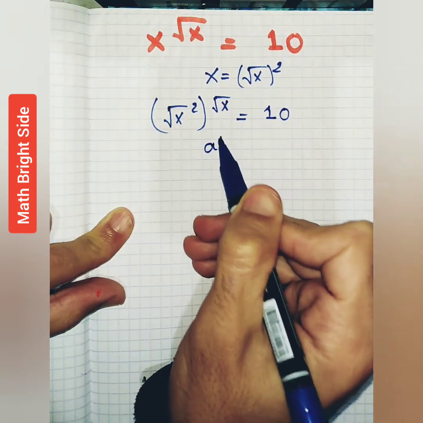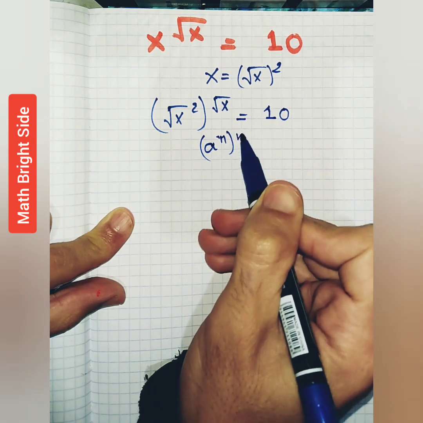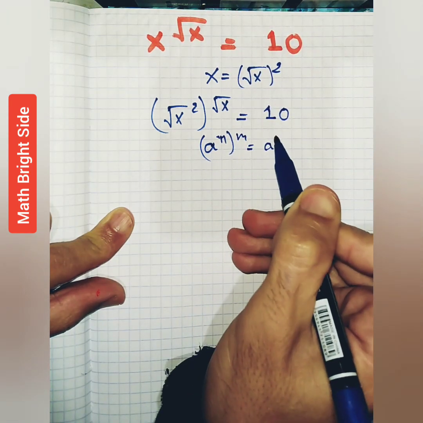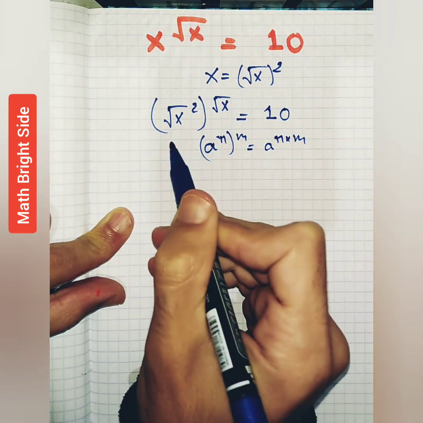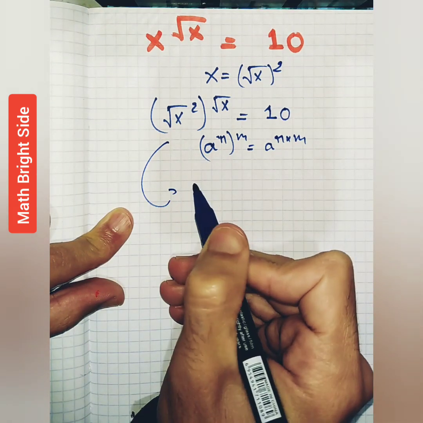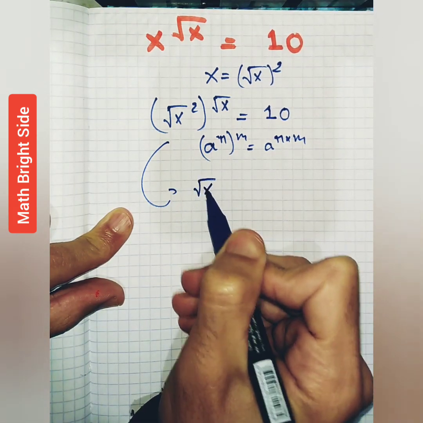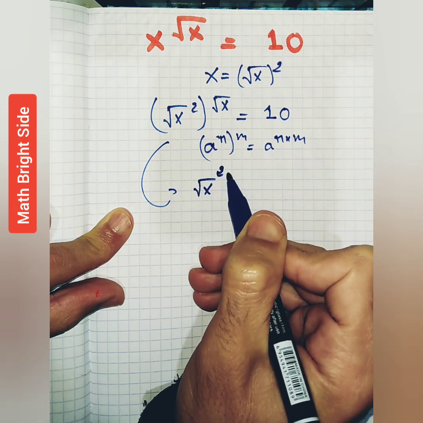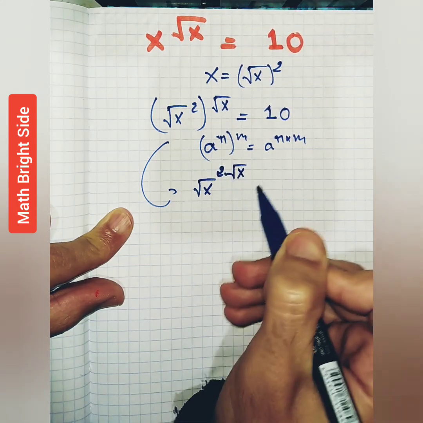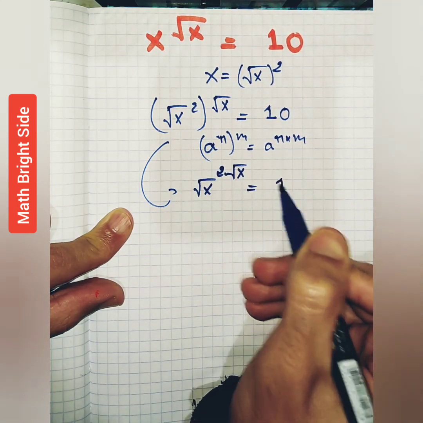We know that (a power n) power m equals a power n times m. So this equals (square root of x) power 2 times square root of x equals 10.